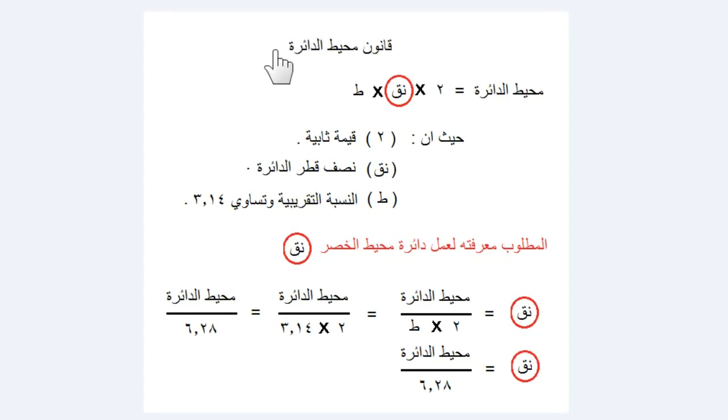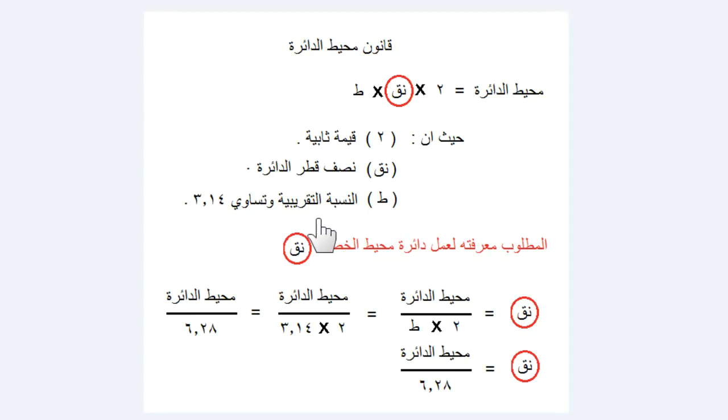The rule says the circulation equals 2 times NK times t, where NK is half circulation of the compass opening. 2 is a still value, NK is the compass opening, and t is the estimated percent, which equals 3.14 out of 100, also a still value.